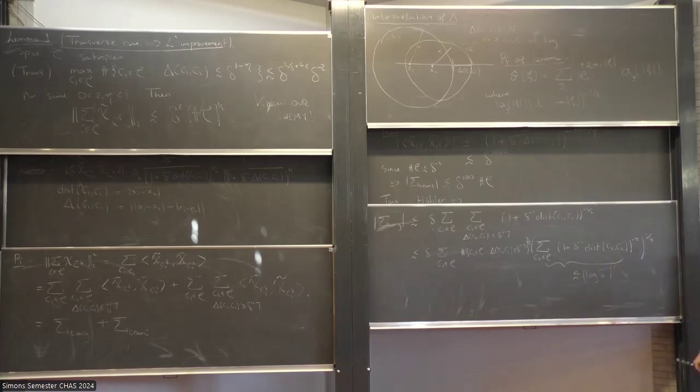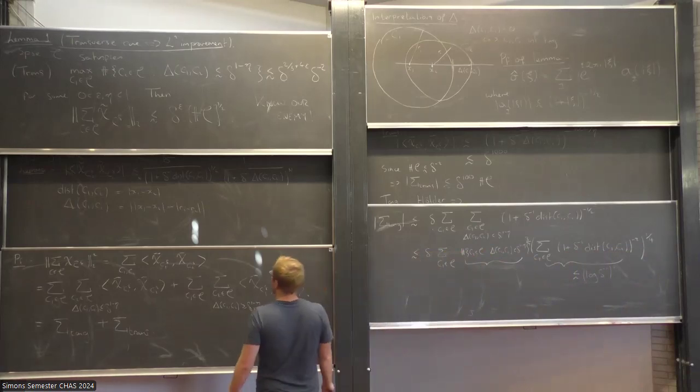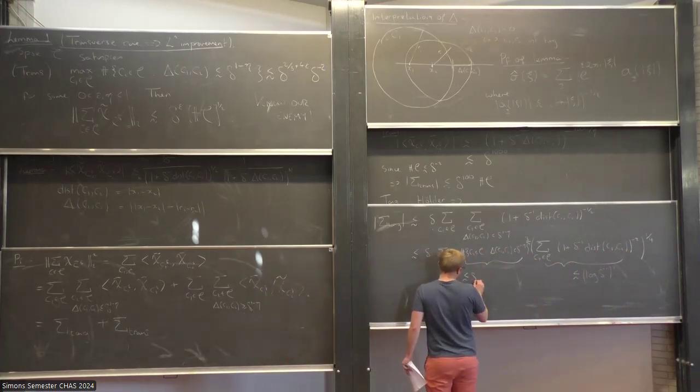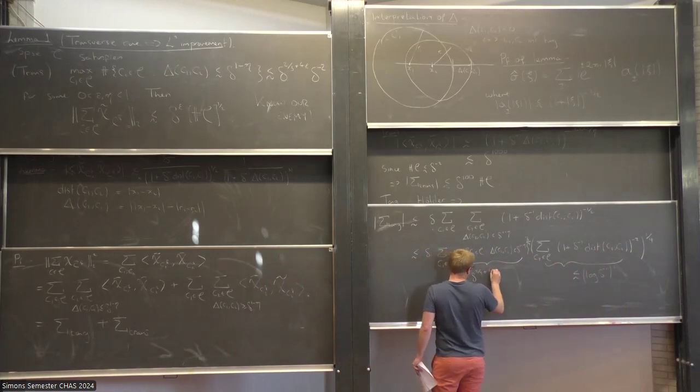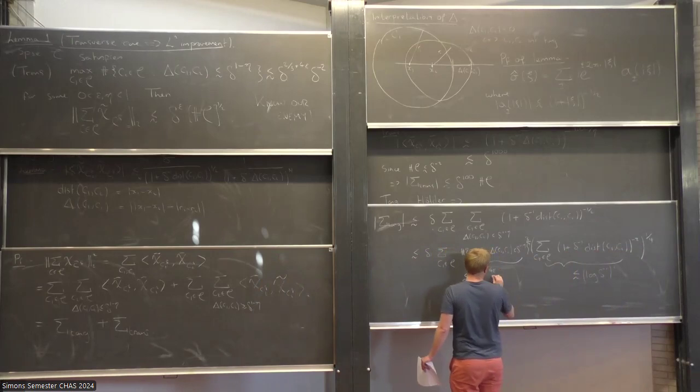Whereas this thing, okay, this appears in our hypotheses. So by the tangency hypothesis, this is going to be bounded by delta to the 1/2 plus 3 epsilon, times delta to the minus 1.